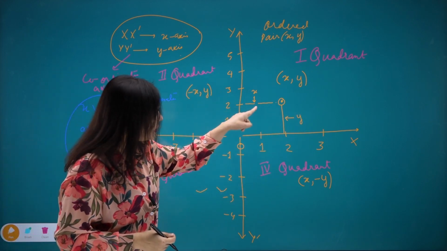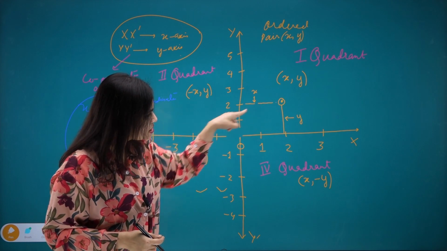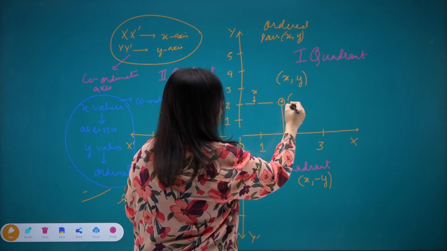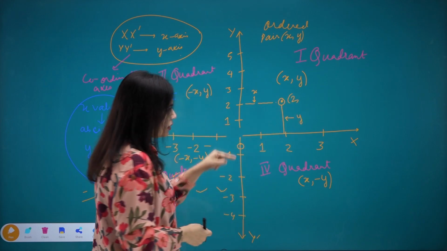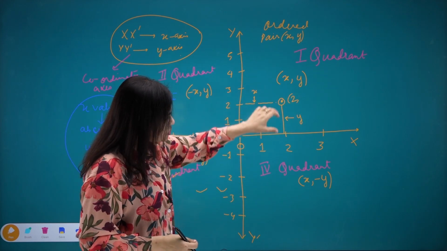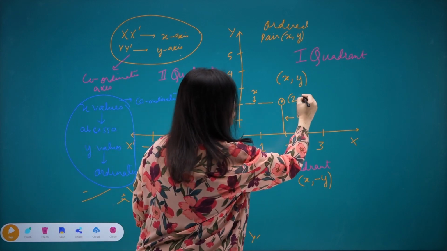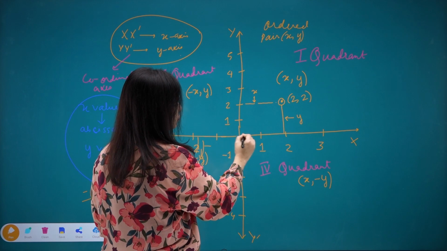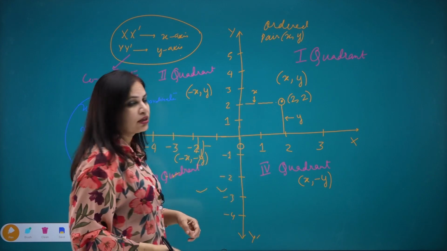So here, the horizontal distance is 2 units to the right. So the x coordinate will be 2 and the vertical distance is 2 units again. So 2 units from 0 to 2, that is 2 units upward.